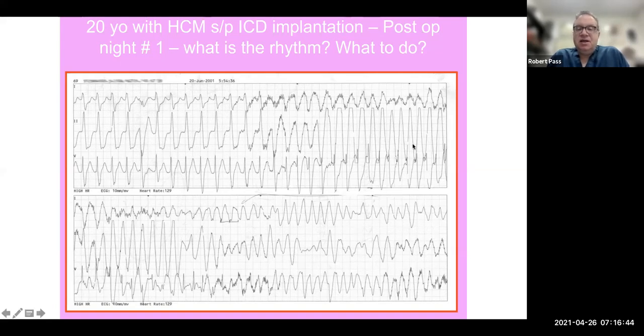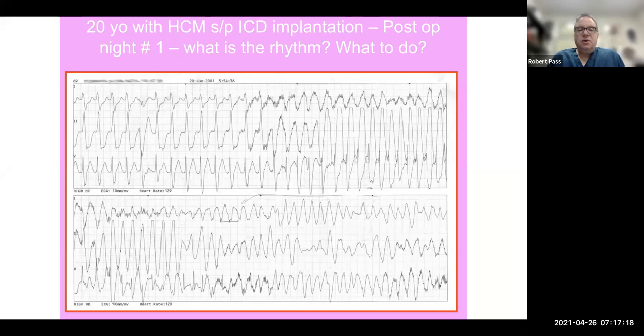So it would sense, say, this much, but then it would not sense anything here, or it would think the rate was much slower than it was, because the electrogram in this arrhythmia was changing and at times was very small. So even though the R wave was like 7 millivolts, and even though it sensed quite well in ventricular tachycardia during the generator change procedure, in the actual clinical arrhythmia that the patient had, it did not sense properly.